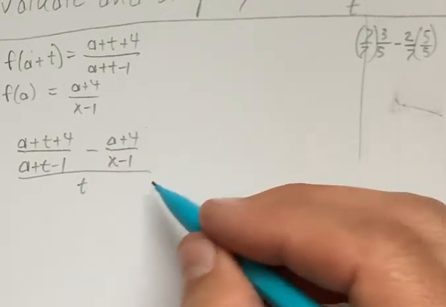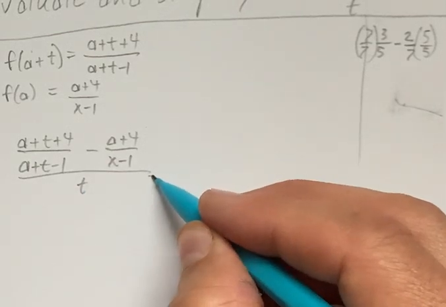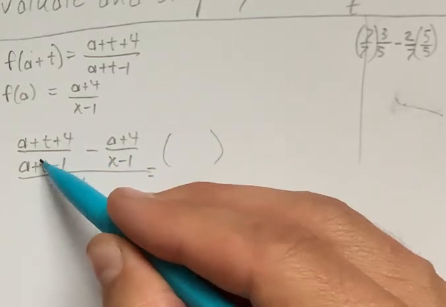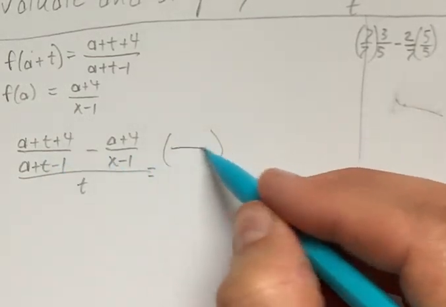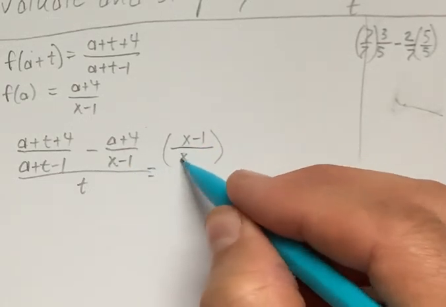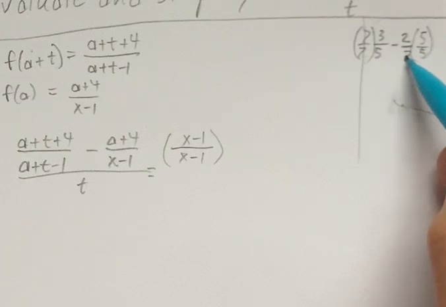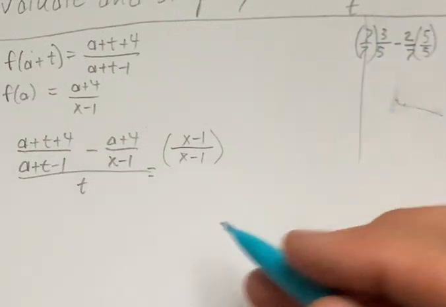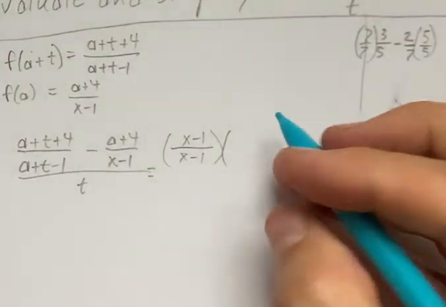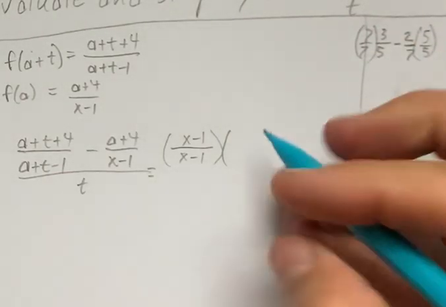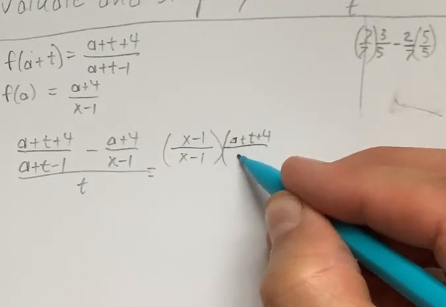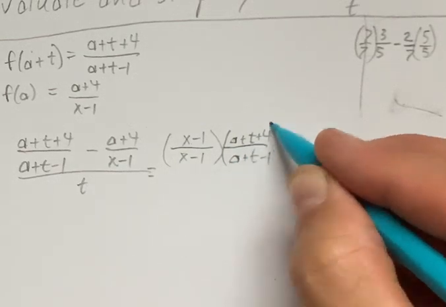We're going to say, okay, I have this mess here, but what I really want is for this to be combined. So I'm going to multiply the left thing by a minus 1. A minus 1 is a number. I just don't happen to know what it is. It's not like 7. Well, it is like 7. I just don't know what it is. So it's that times a plus t plus 4 over a plus t minus 1, right?